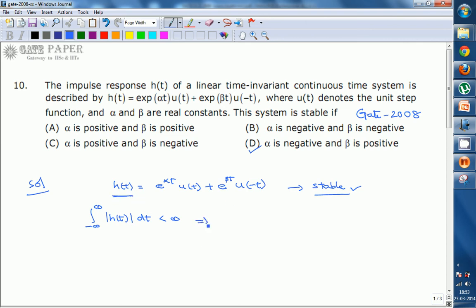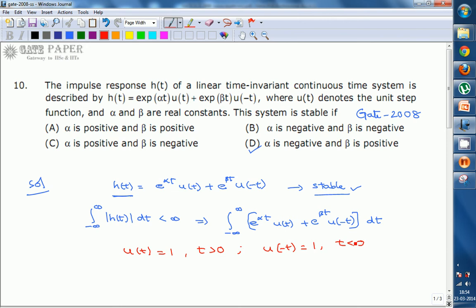By substituting the given h of t in this condition, we get the integral from minus infinity to infinity of e power alpha t u of t plus e power beta t u of minus t dt. Here we know that u of t equals 1 for t greater than 0, and u of minus t equals 1 for t less than 0.